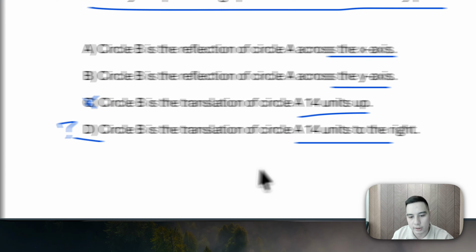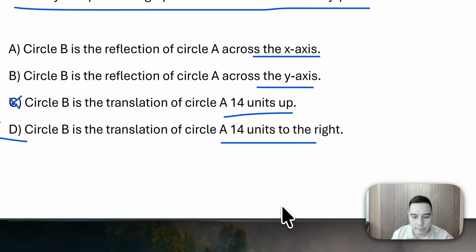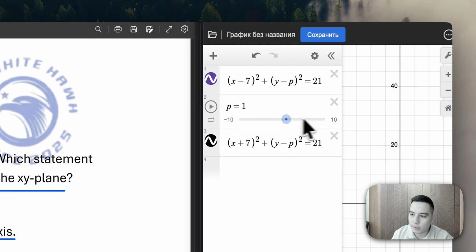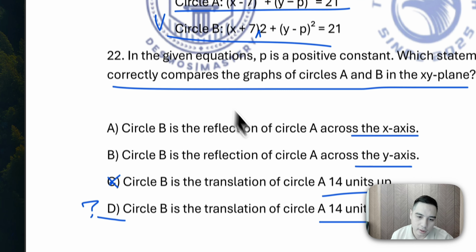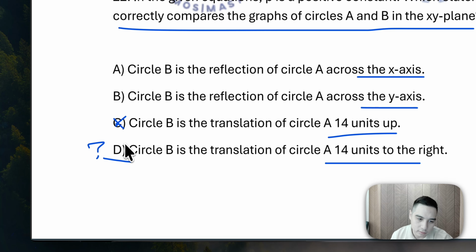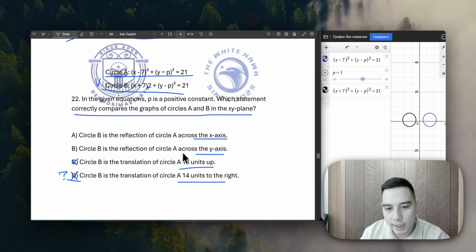We don't know exactly why. Why am I saying that? Because the P value may be different, and something will change by the moving, but not by the translation to the right. That's why D is also not correct. So circle B is a reflection of circle A across the y-axis. Yes, we do not change anything by the y-axis.